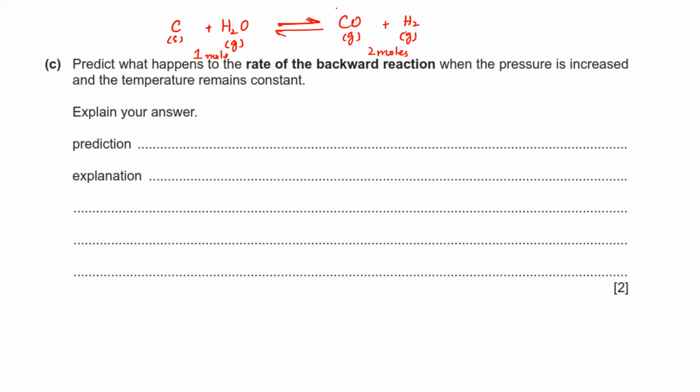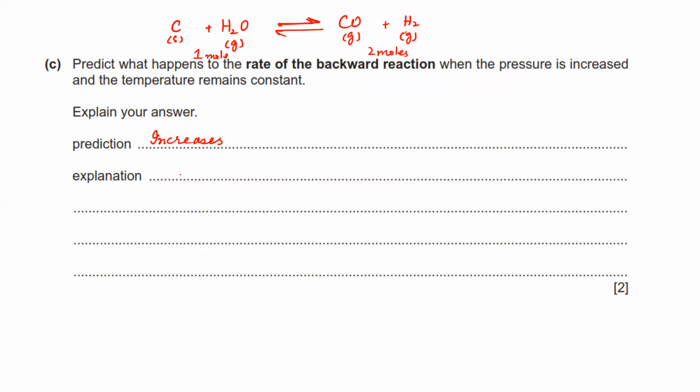So in order to compensate this increase in pressure, the reaction will move from a higher number of moles to a low number of moles. That direction is the backward reaction. So the rate of backward reaction will increase.